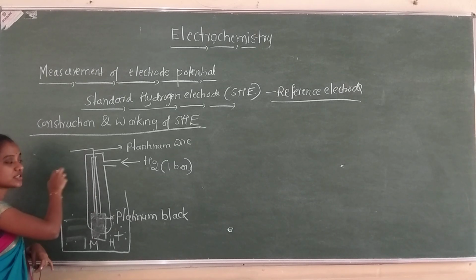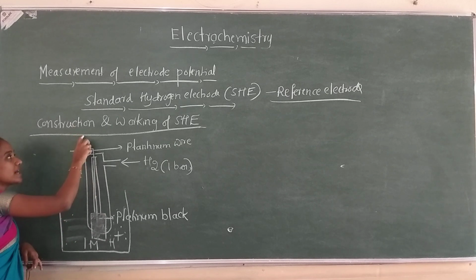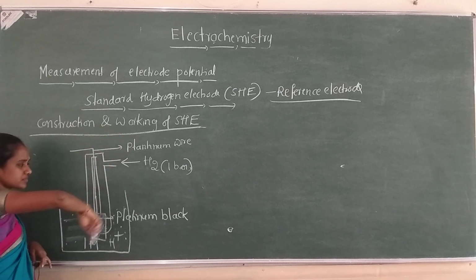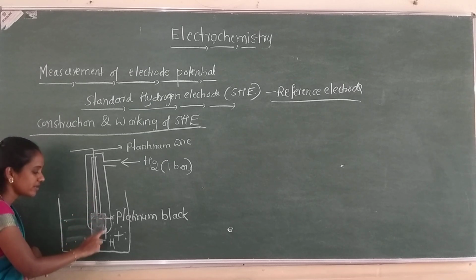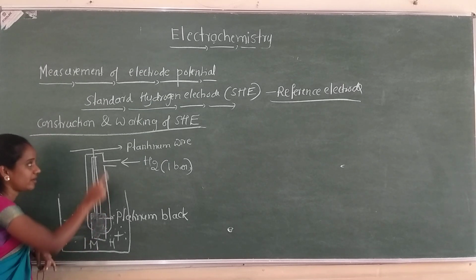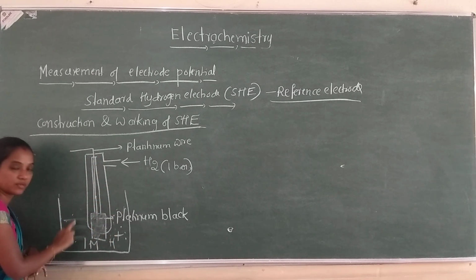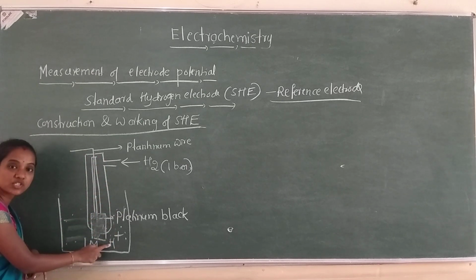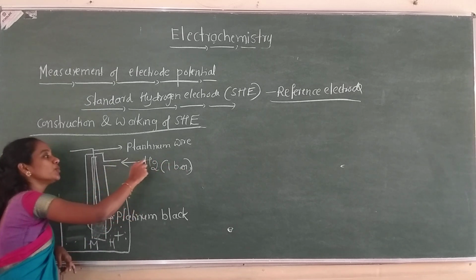So while writing the construction, these things you have to write. The standard hydrogen electrode consists of a platinum electrode coated with platinum black, covered by the glass jacket, immersed in acidic solution, and at 1 bar pressure pure hydrogen gas is bubbled inside.